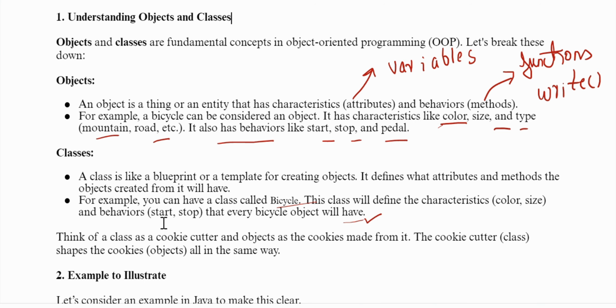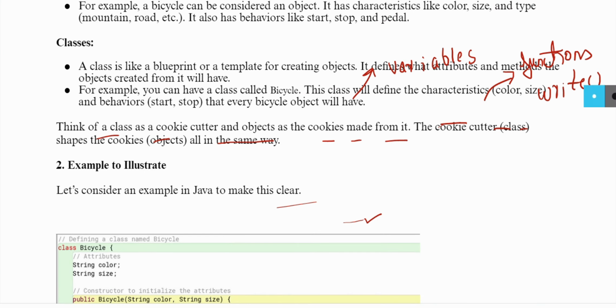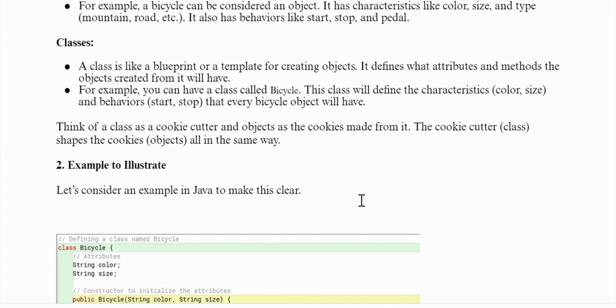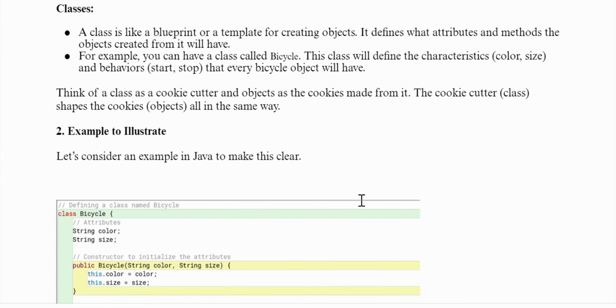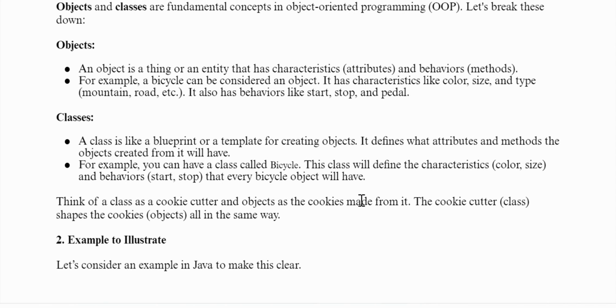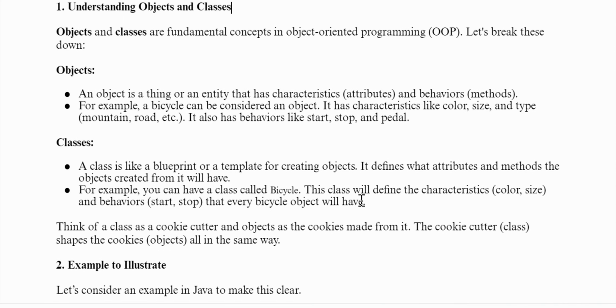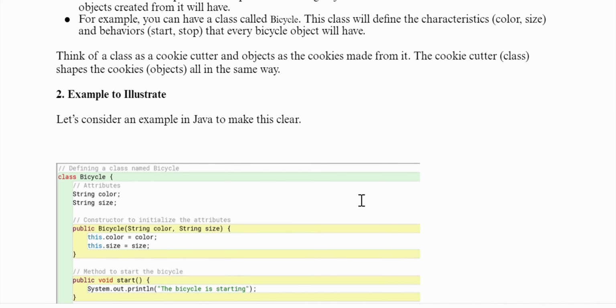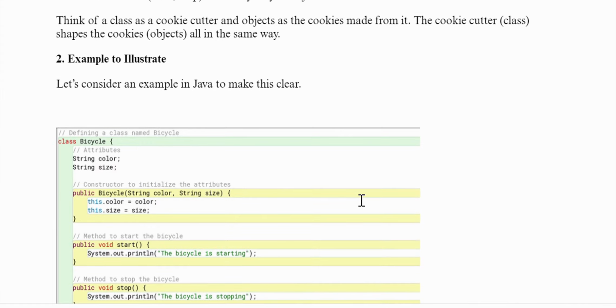Okay, so let's go ahead further. Let's clear the screen first. So we are done with the definition of objects and the class, and now let's think of a class with a good example. Think of a class as a cookie cutter and objects as the cookies made from it.